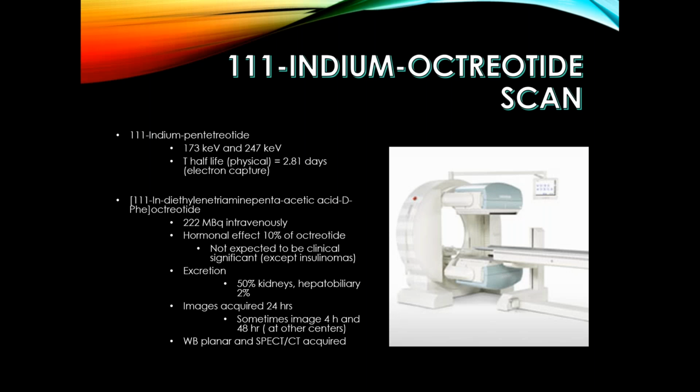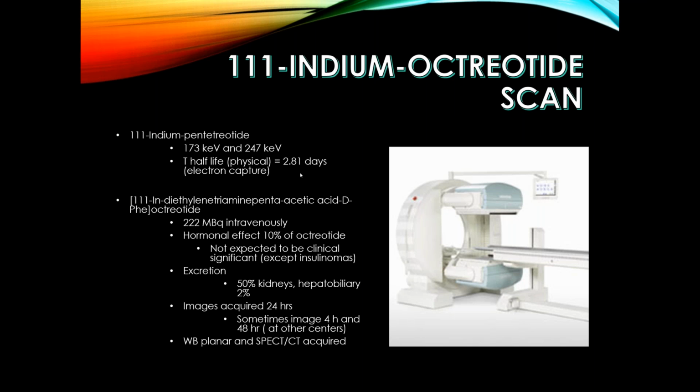It's been around for 20 years plus, and it's seen in most nuclear medicine sites or centers. What we did is we took that Octreotide and we linked it to indium-111, and we use it on a gamma camera. Okay, so the same camera that you would use for a bone scan, or if you ever had a lung perfusion scan, you would use the same gamma camera. It has a half-life of 2.81 days.